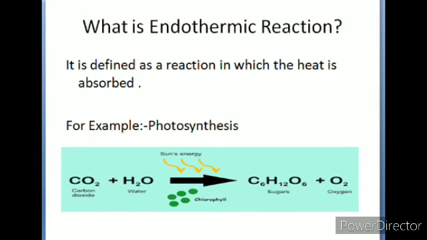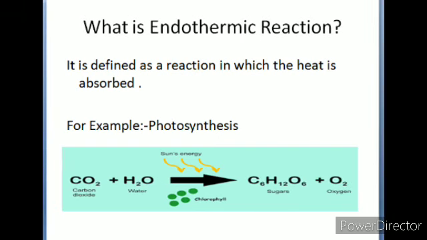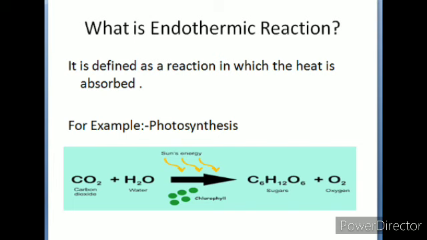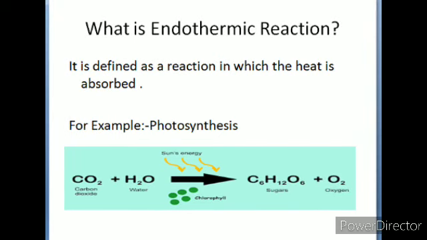How can we define it? It is defined as the reaction in which the heat is absorbed, whereas in exothermic we read the reaction in which the heat is liberated out. This is the main difference between exothermic and endothermic reaction.